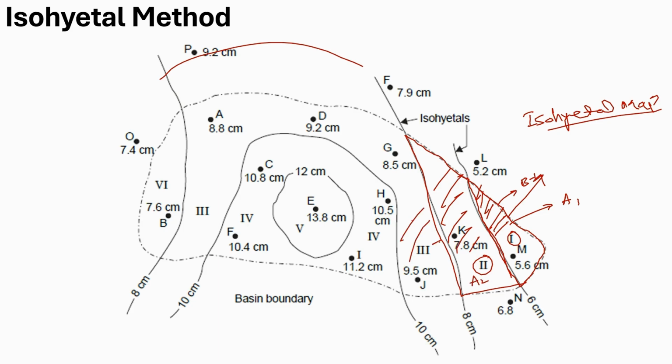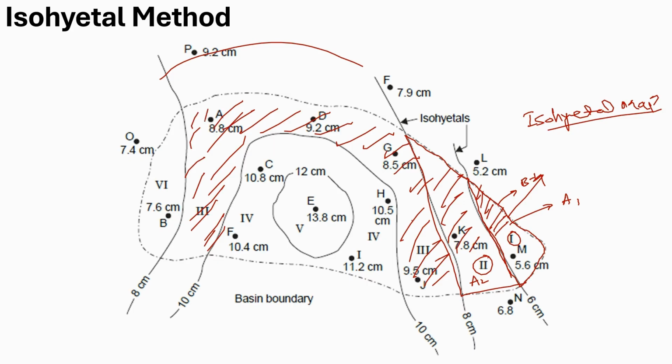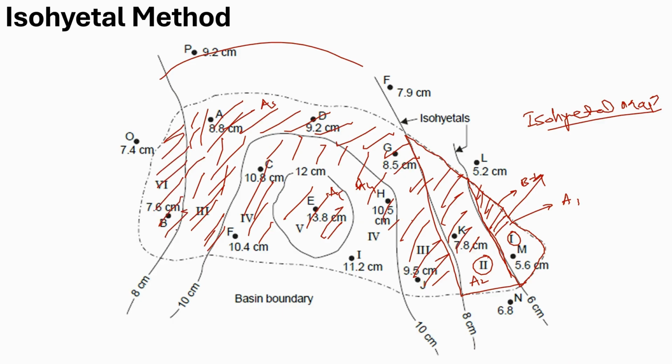Then this will be the whole region. A single region may have more than one rain gauge. There is no problem. So this will be A3. This is the region known as 4, A4. This is region 5, area 5, and this is region 6, 8 centimeter, and this is B2, second boundary.